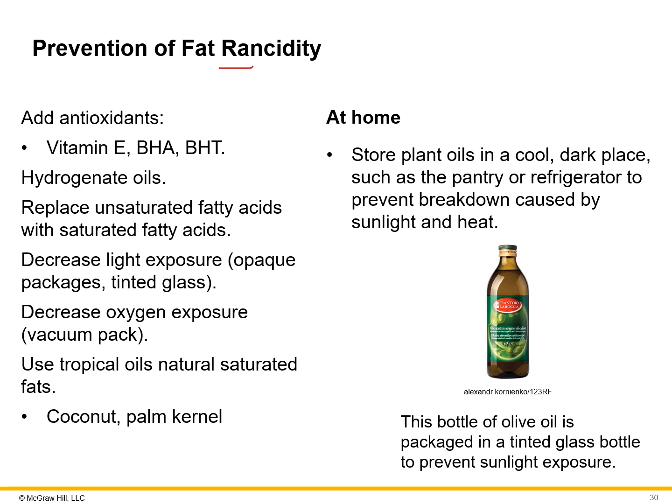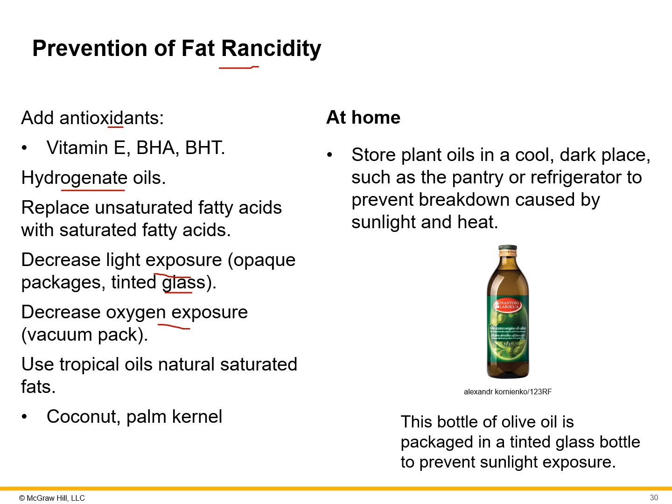So preventing that from happening, adding different antioxidants to them can help. So during that processing, hydrogenated oils, adding hydrogen, getting rid of the double bond and switching them to saturated fatty acids. So decreasing light exposure, using darker tinted glass or opaque packages so that the UV doesn't come in, and then decreasing the exposure to oxygen.